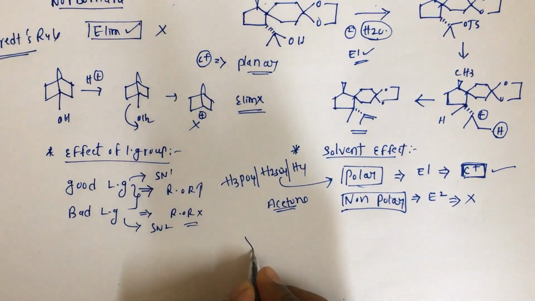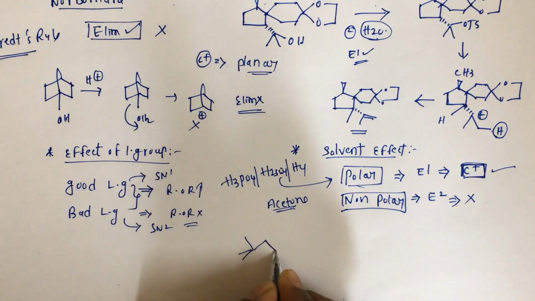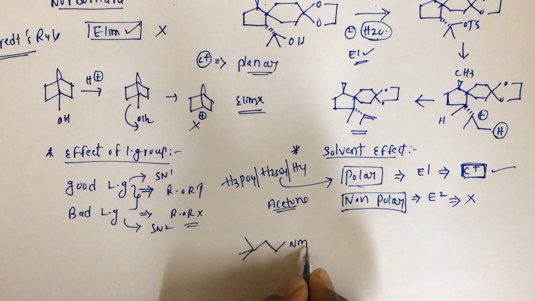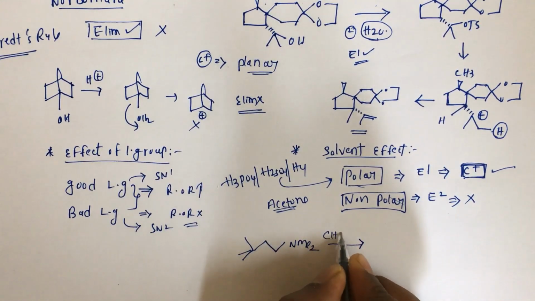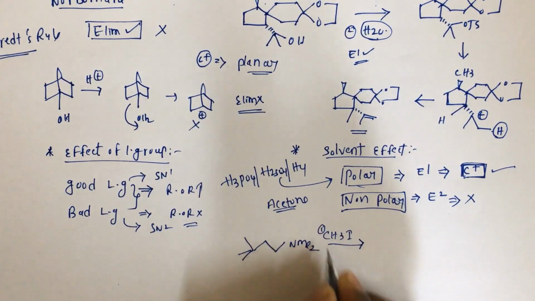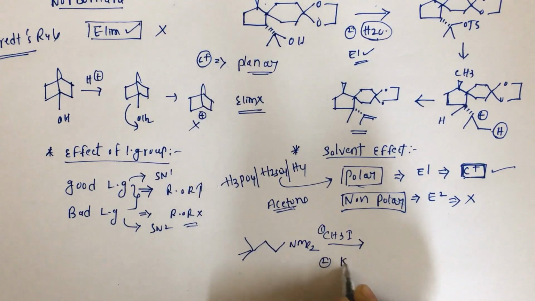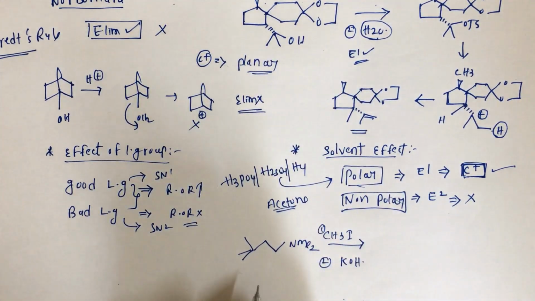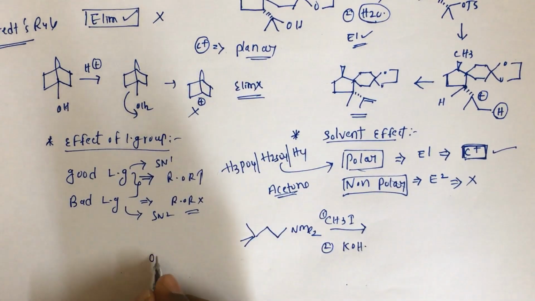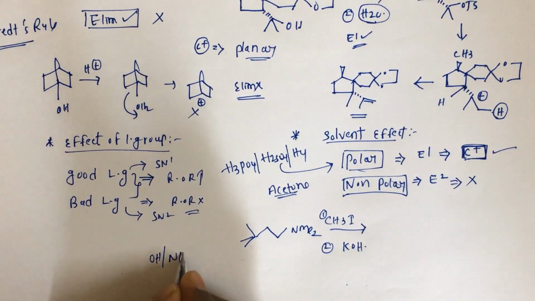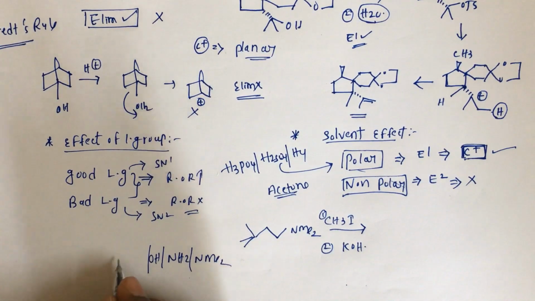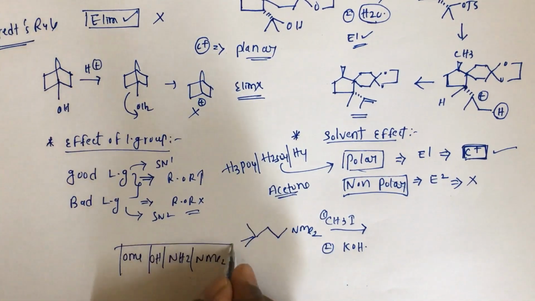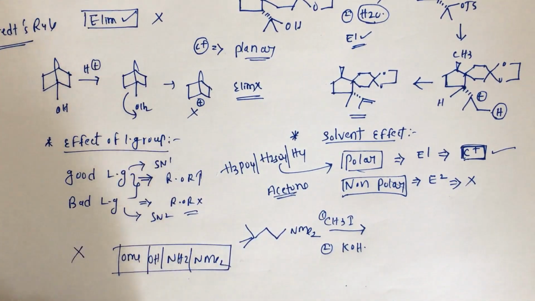And here we have an example: NMe2. This is treated with methyl iodide in the first step and KOH in the second step. So just remember that OH, NH2, NMe2 and OMe are not good leaving groups; these are bad leaving groups.